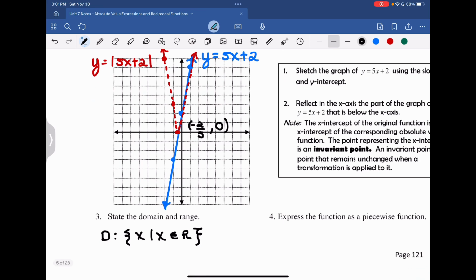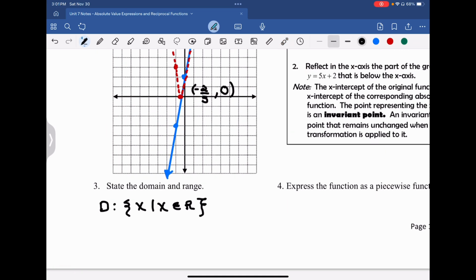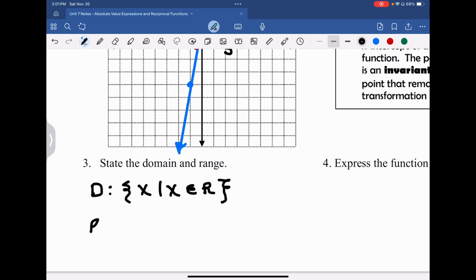For the range, we just need to be greater than or equal to 0 because our lowest possible y value exists right on the x-axis, where there's the x-intercept. So to write this, we're going to write it as range, where this is y such that y is greater than or equal to 0, because it can definitely be at the x-intercept, but then it must be all real numbers that are above 0.